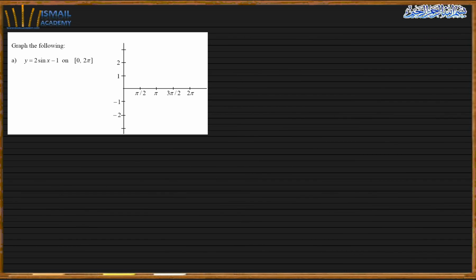Next, here they ask me to graph y equals 2 sine x minus 1. So here I need to find my amplitude, which is the coefficient of sine. So the amplitude here is 2.